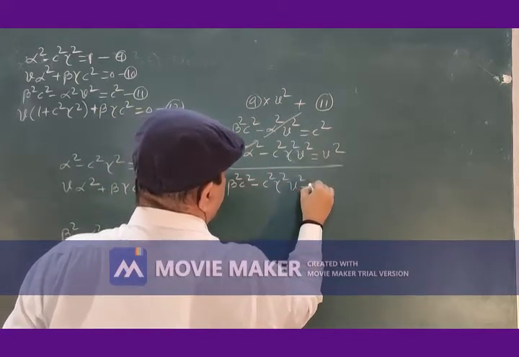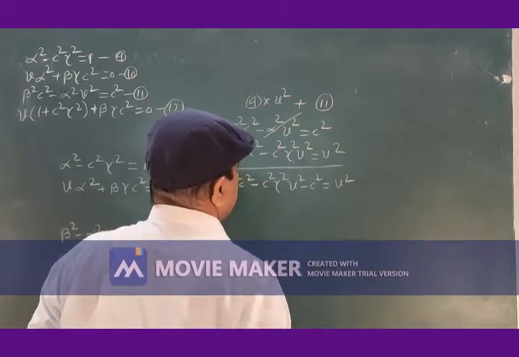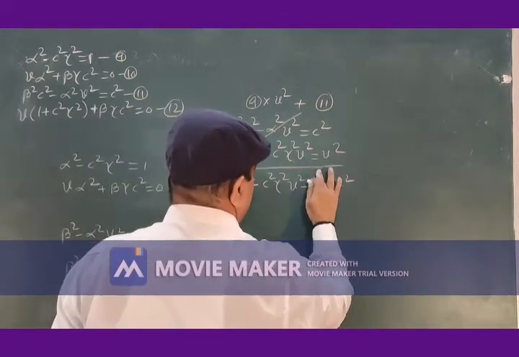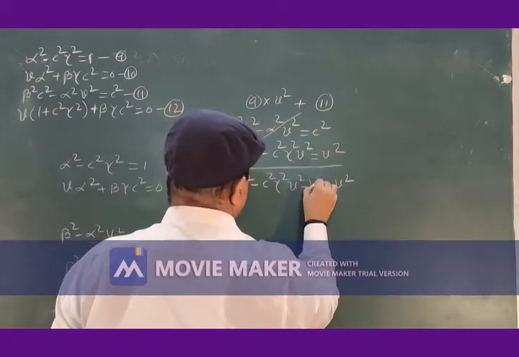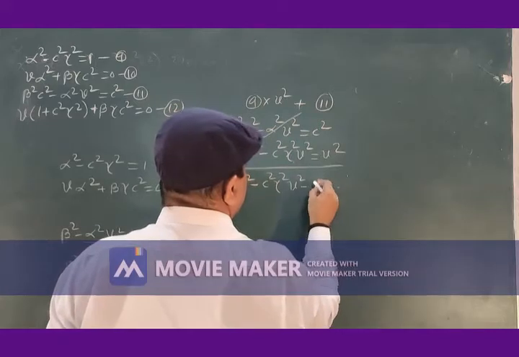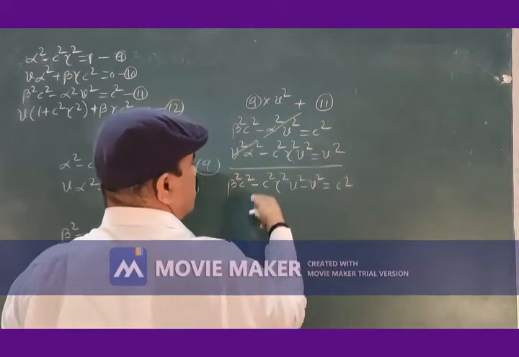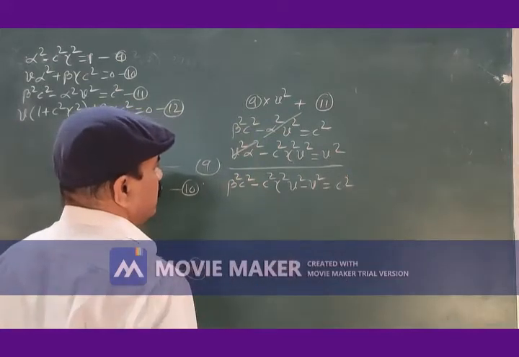This c square taken to this side, minus c square, is equal to v square, or let me have this v square taken to this side, minus c square will be there.